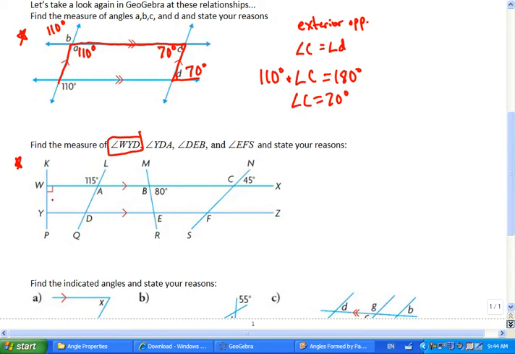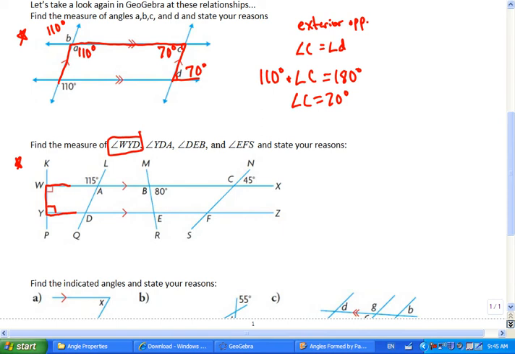90 is correct. How come? Because it's a right angle. What letter are you using? F, C, or Z? A C, okay. So this would be your C. And what do you know about angles inside the C?